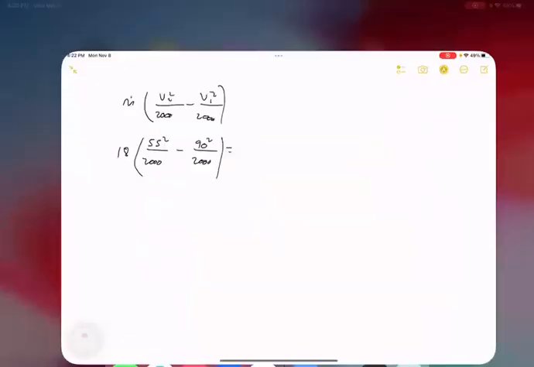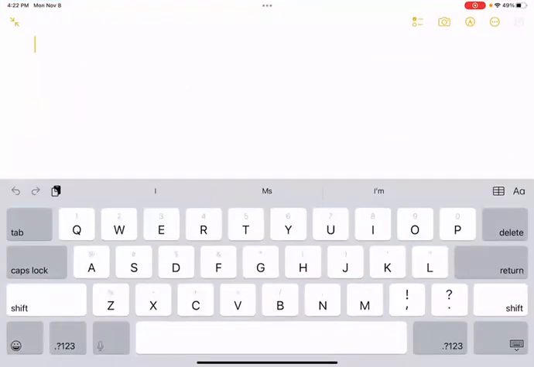It's simple enough. We know that the change in kinetic energy is m dot times (V2 squared over 2000 minus V1 squared over 2000). If we plug in all the values given, we have 18 kilograms per second was the mass flow rate, V2 was 55 meters per second, V1 was 90 meters per second.